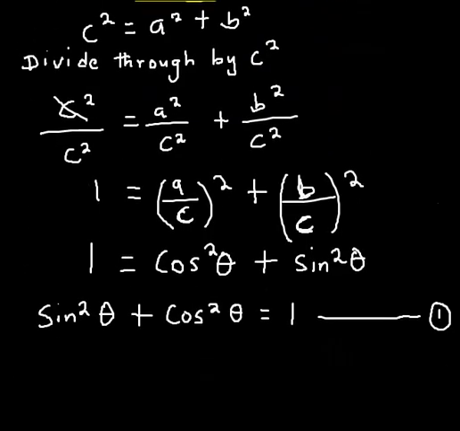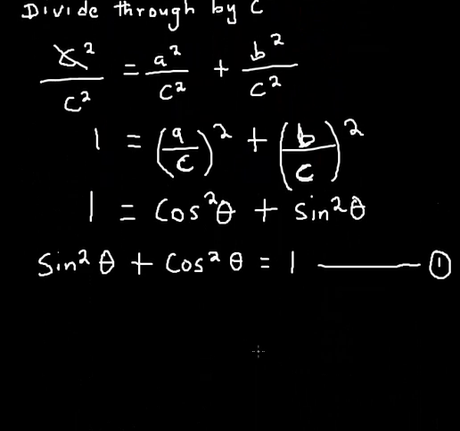Now before I derive the next identity, there is a particular identity that I don't have to derive. The identity states that tan theta is equal to sine theta over cos theta.